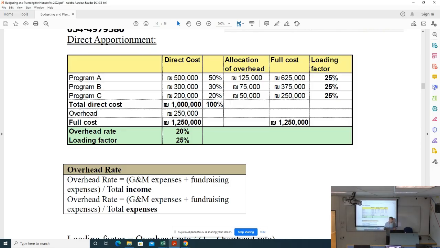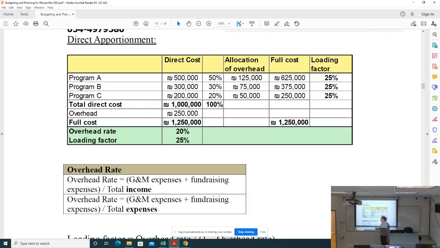Here I simplify the example: let's assume that there are no fixed direct costs, which means we only have variable program costs, and the only fixed cost is the overhead. So the full cost of the organization is 1,250,000, which is 1 million of the programs and 250,000 of the overhead.